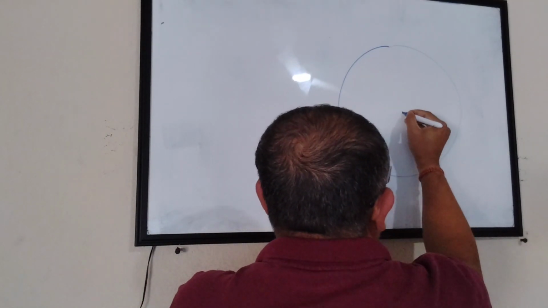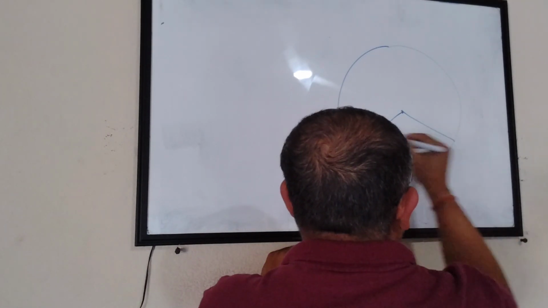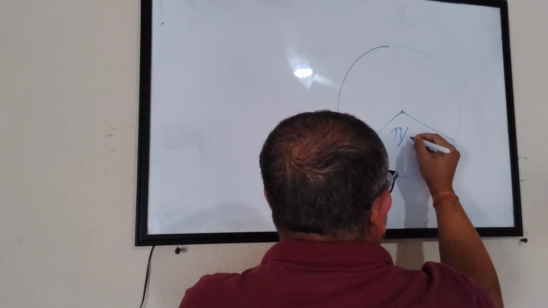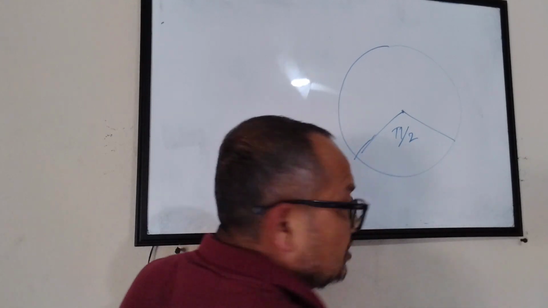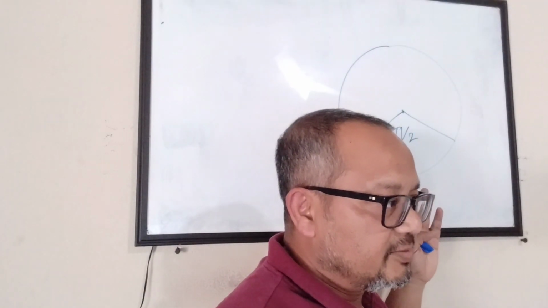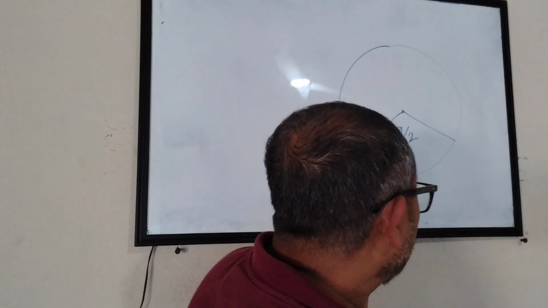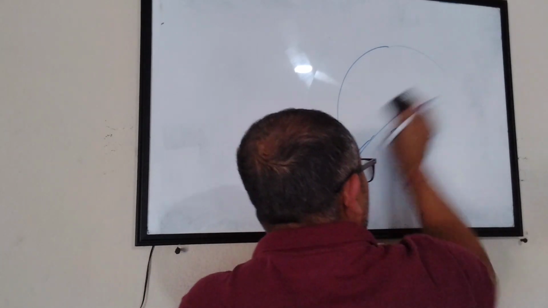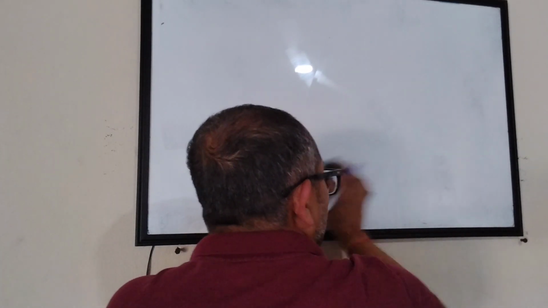So if you are talking about an angle of pi by 2, that is 90 degrees.